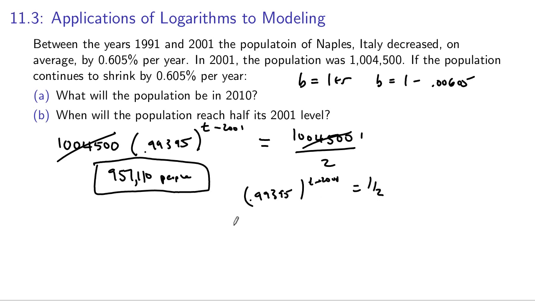And if we take the log of both sides, we can find t minus 2001 is log of 1/2 over log of 0.99395.